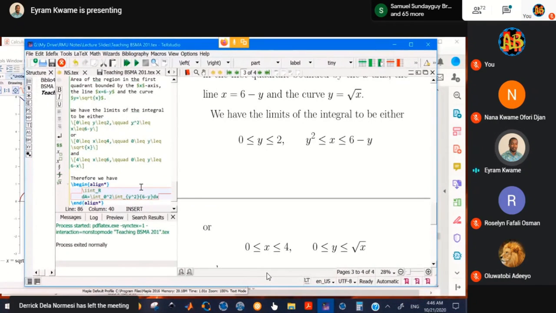So I'll integrate with x first before I integrate with y.